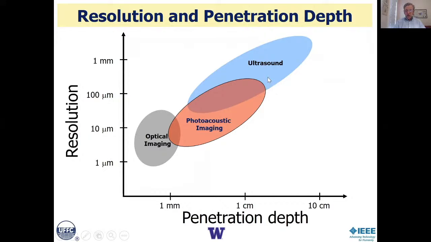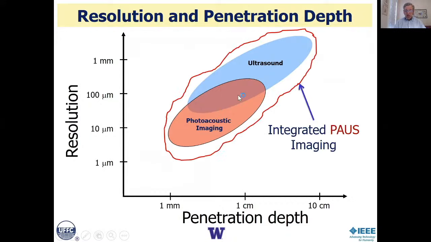But now our resolutions are going to be the hundreds of micron scale, and this sweet spot is what we've looked at and what we've called integrated PAUS, photoacoustic ultrasound, PAUS imaging, which is in the sweet spot which overlaps between traditional biomedical ultrasound and this pulsed optics for looking at things in centimeter scales inside the body.